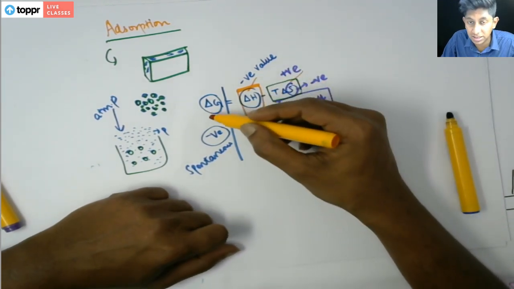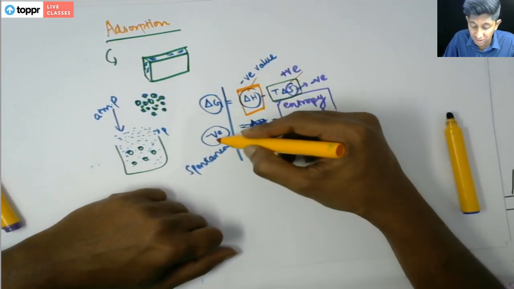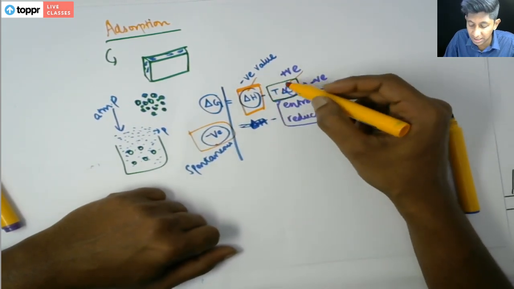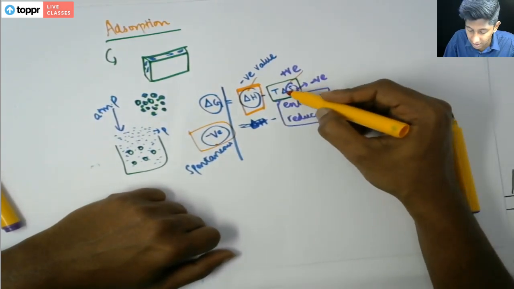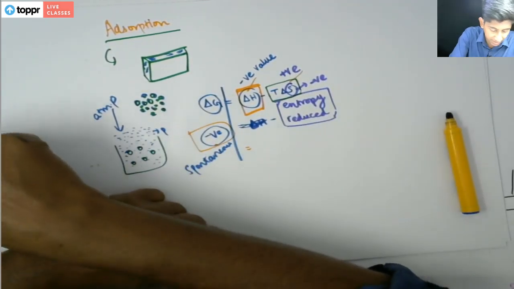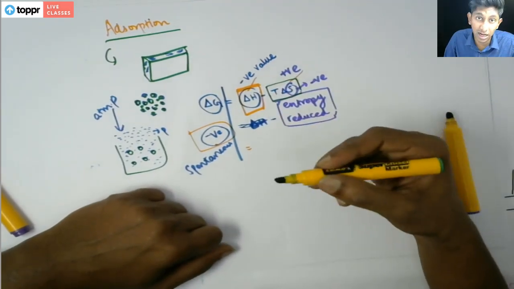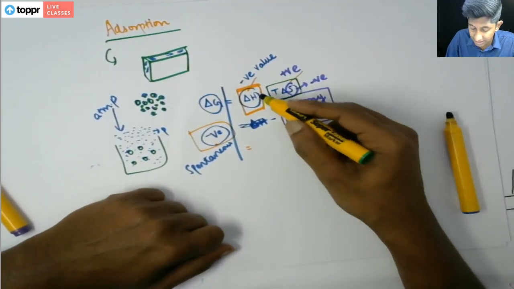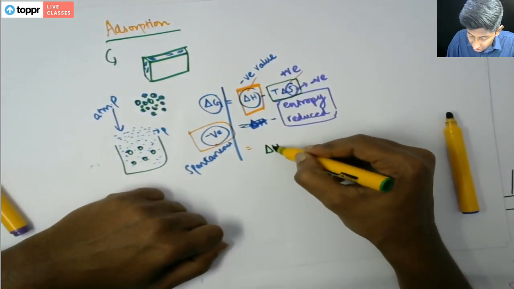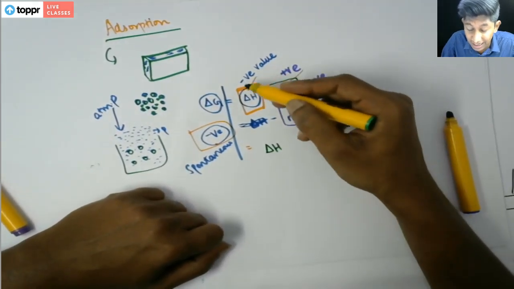If delta G has to be spontaneous, it has to be negative, which means delta H needs to be of higher magnitude than this whole term. So this is where the math comes in: at the start of any adsorption process, delta H is found to be pretty high, with a very high value, and it's exothermic.